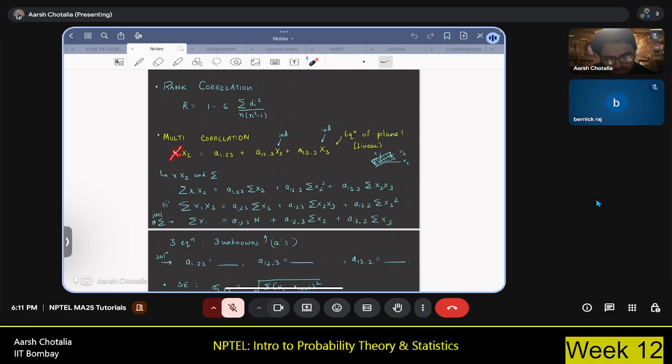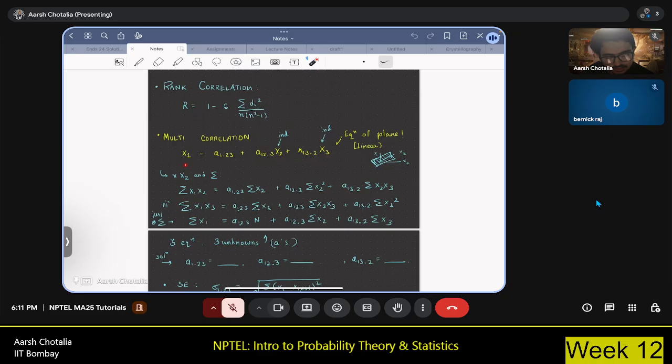First is multiply by x2 both the sides and then take sum. So this becomes sum over x2 x1. Similarly, this is sum over x2 with this coefficient. This is sum of x2 square, and this would be sum over x3 x2. So that is one term.